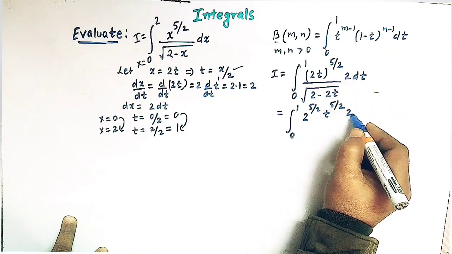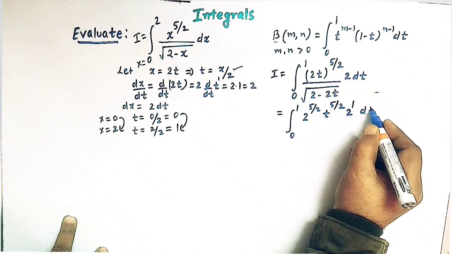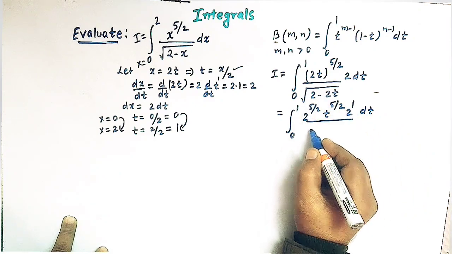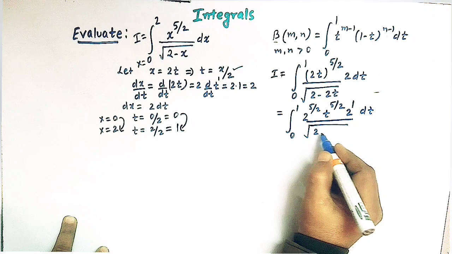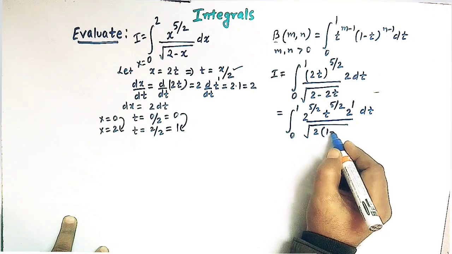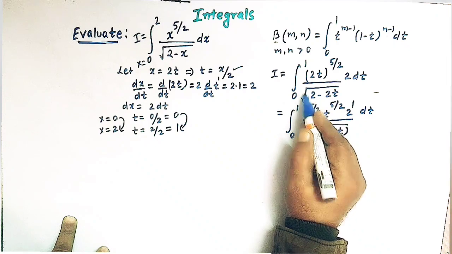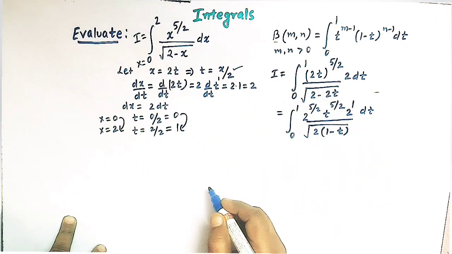Here we have 2 raised to 1 and dt, and in the denominator we have square root of 2 times 1 minus t, taking 2 common under the square root sign.